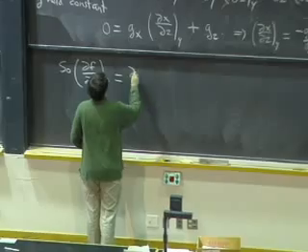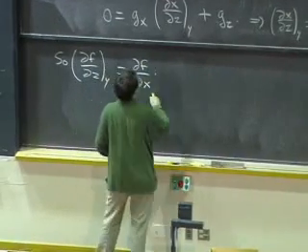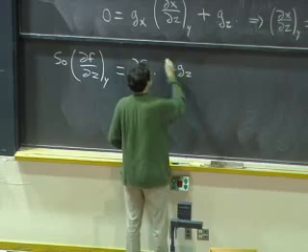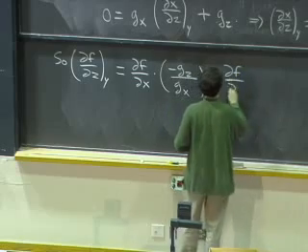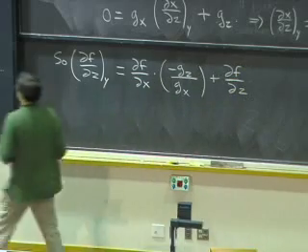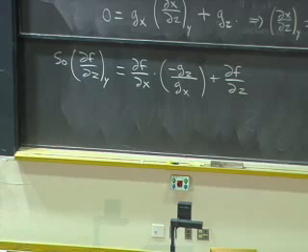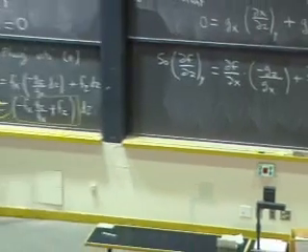So there was partial f partial x times this guy, minus g sub z over g sub x, plus partial f over partial z. And you can observe that this is exactly the same formula that we had over here.